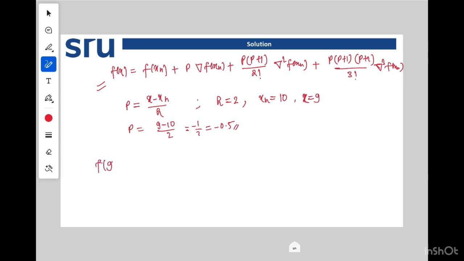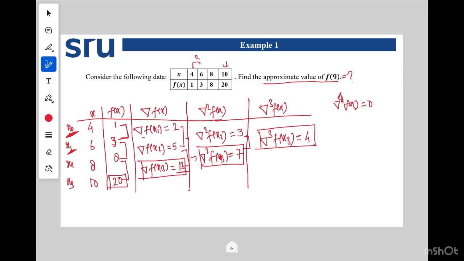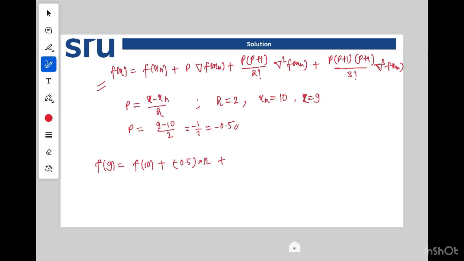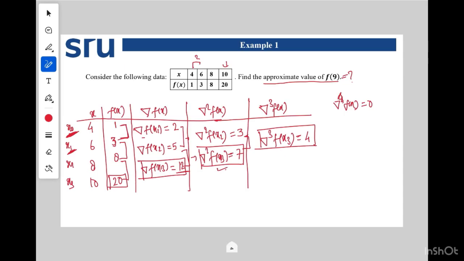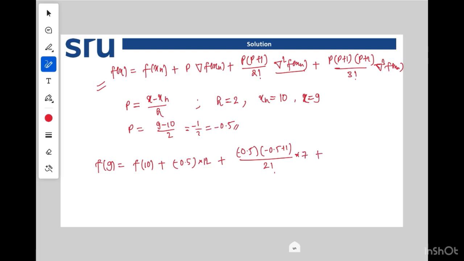So f of 9 equals f of 10 plus p, which is minus 0.5, into the first backward difference, which is 12, plus minus 0.5 into minus 0.5 plus 1 divided by factorial 2, and del 2 f of xn means del 2 f of x3, which is 7, plus minus 0.5 into minus 0.5 plus 1 into minus 0.5 plus 2 divided by factorial 3, and del cube f of x3, which is 4.